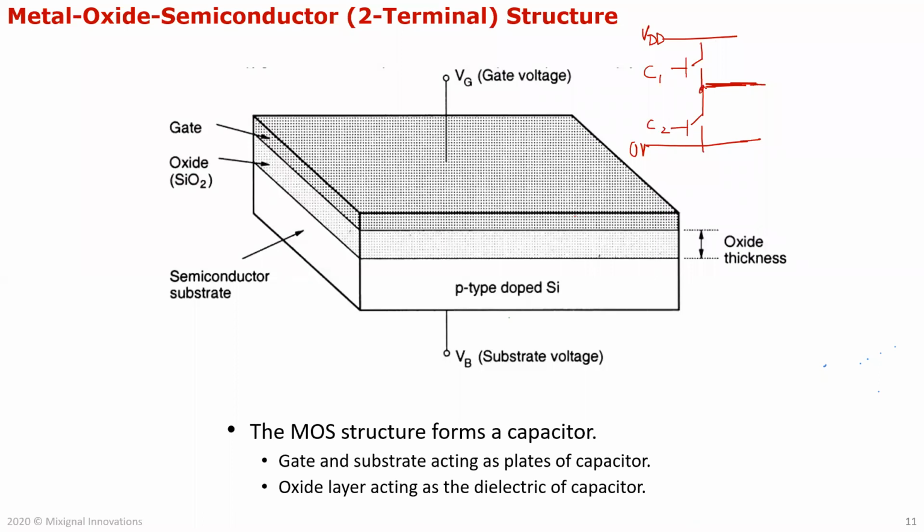So anytime I need a 1, I'll control C1 such a way that this switch is on. Anytime I want to do a 0, I'll switch this off. I'll make this control C2 such a way that this switch is on, right? So basically what I'm looking for is a switch which I can control through some control voltage, current, or whatever it is. But in this case, we are interested in controlling through a voltage.